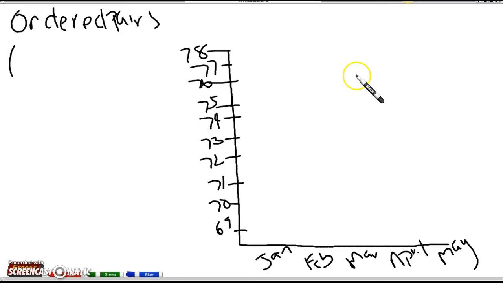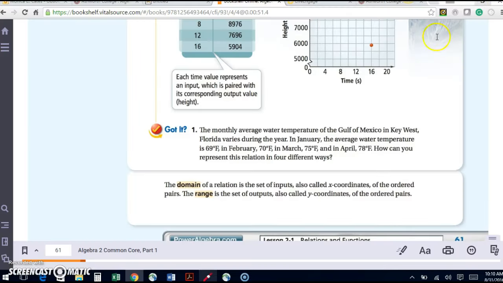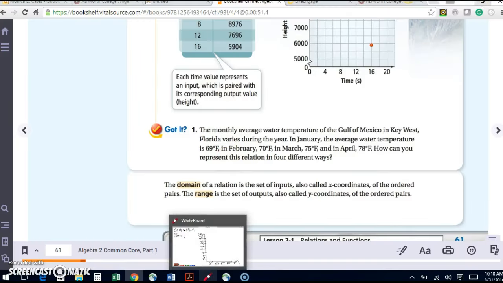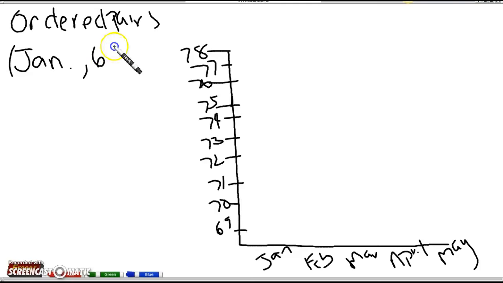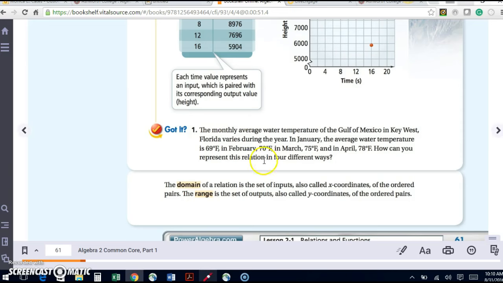The first ordered pair would be January, and I'm going to do shorthand, and it was 69 degrees. Then we have February, 70 degrees.